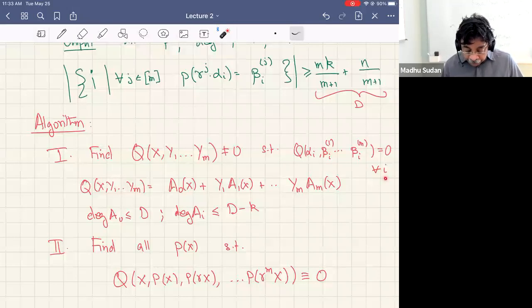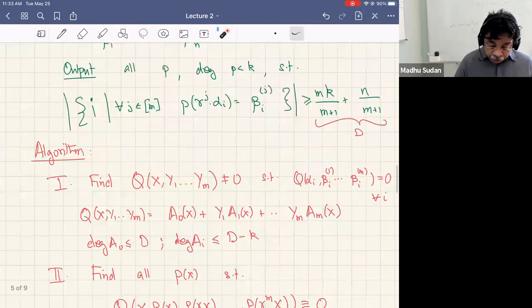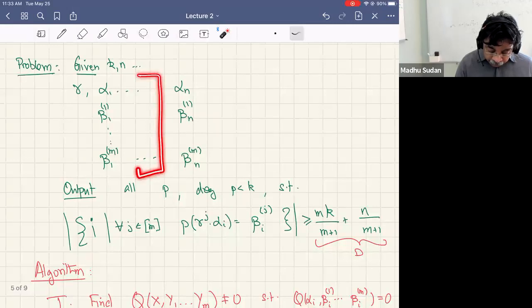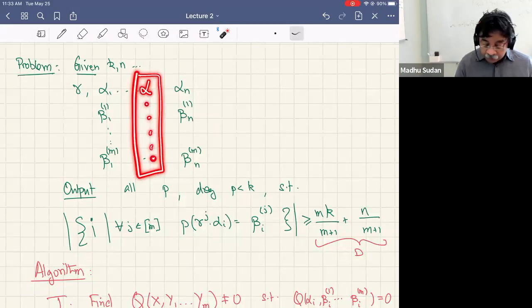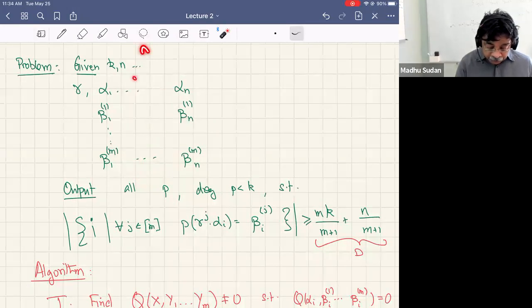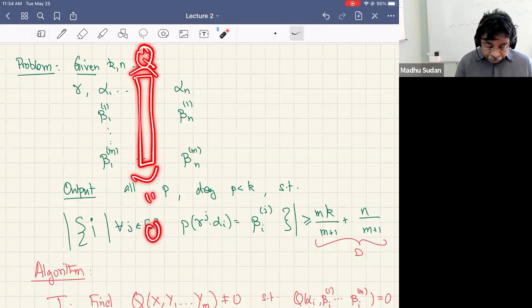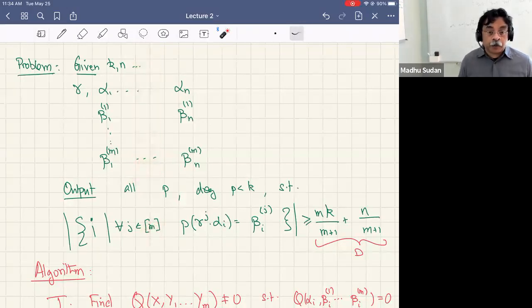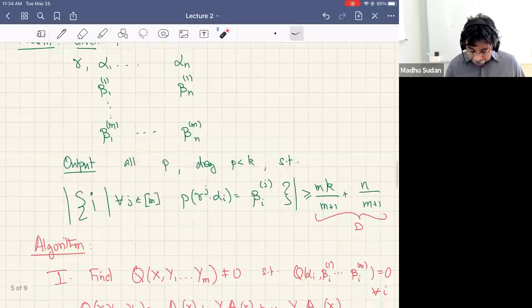So for every I in 1 to n, Q of alpha I, beta I sup 1, beta I sup 2, and so on to beta I sup m are all 0. So if you look at any one of these columns and you evaluate, you have m plus 1 values here, you put Q evaluated at this point, that's 0 for every point.